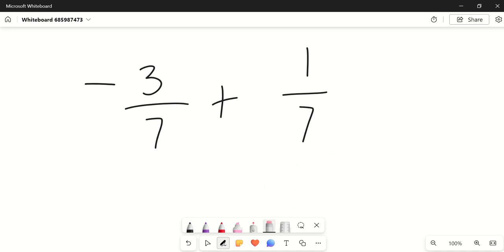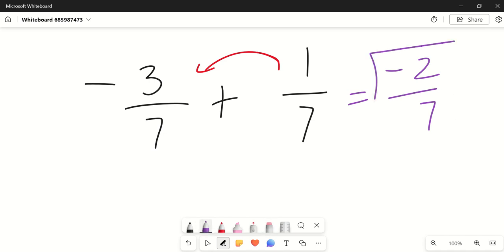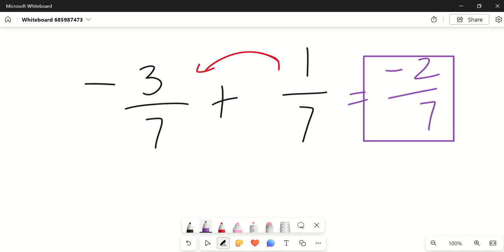Another way to do this is to flip these, and it'll be 1 minus 3, which will also give me negative 2. So my answer to this one is negative 2/7. And again, no common factors between these two. Therefore, my answer is simplified, and it is negative 2/7.